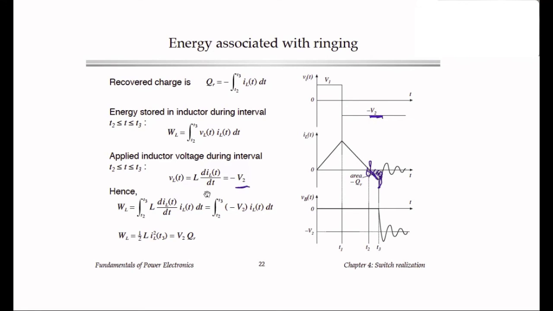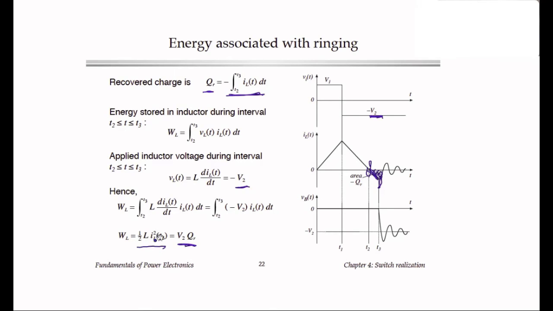Well, the voltage is minus V2, and the current is the current waveform, but since V2 is a constant, the integral of the power is actually just the constant V2 times the integral of the current, and the integral of the current is the recovered charge of the diode. So what we get is that during the diode reverse recovery time, energy is stored in the inductor equal to the applied voltage V2 times the diode stored charge, or recovered charge.